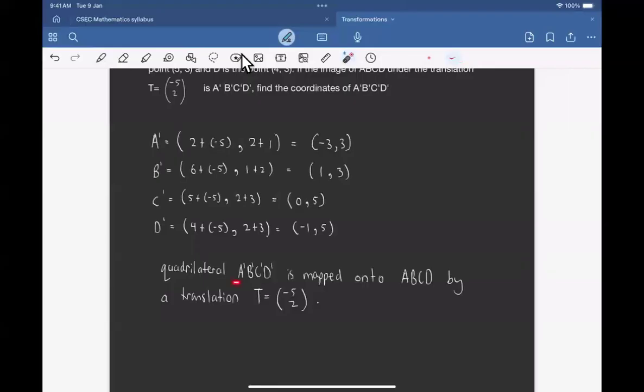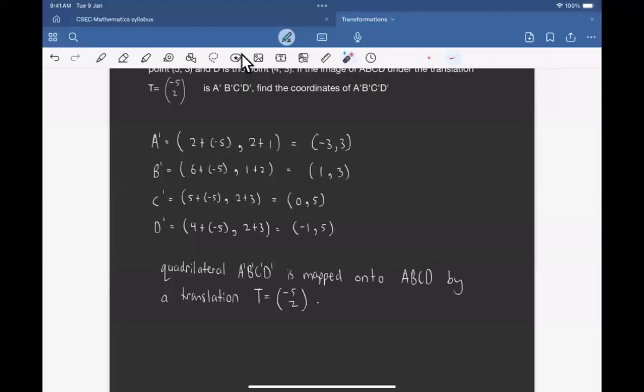And A, B, C, D, this represents the what? The object or the image? The image. So how is the image related to the object? Well, by a translation of minus 5, 2.